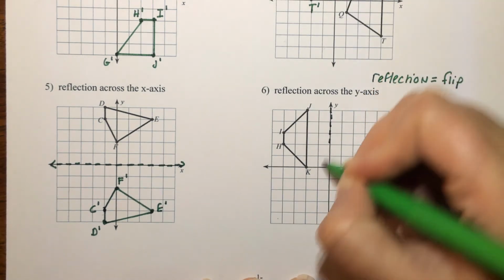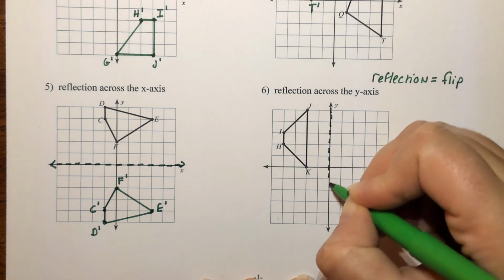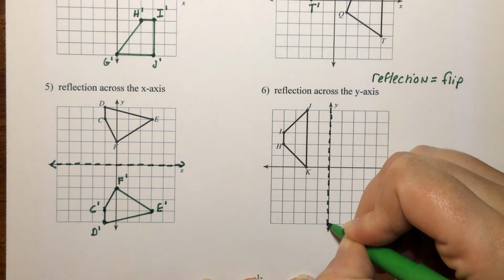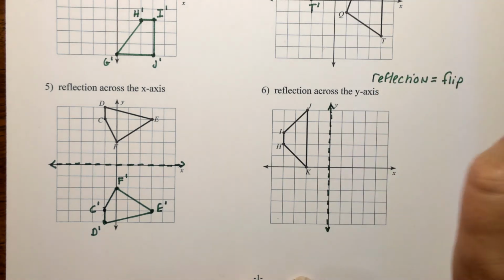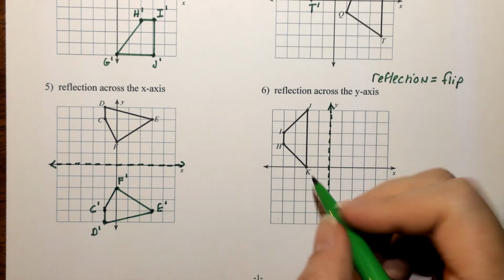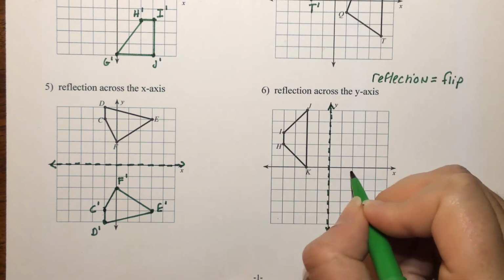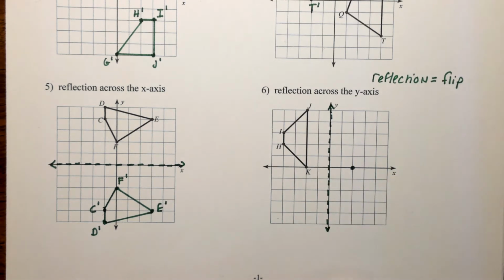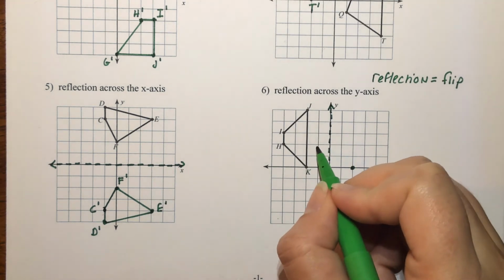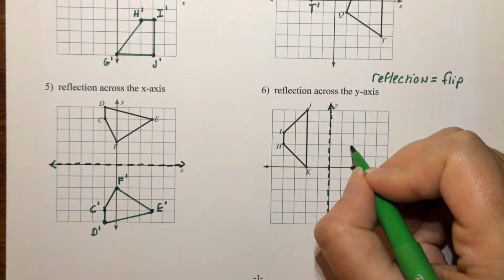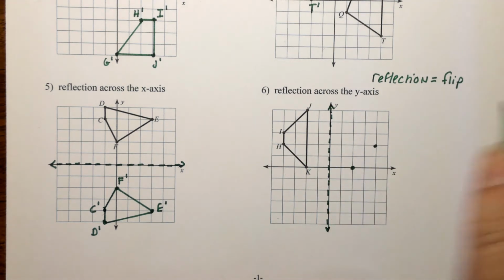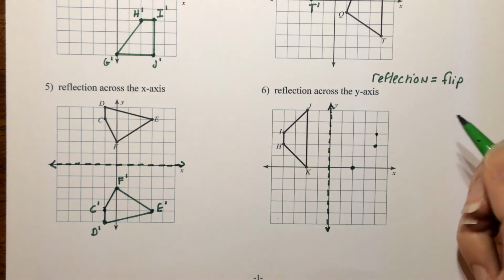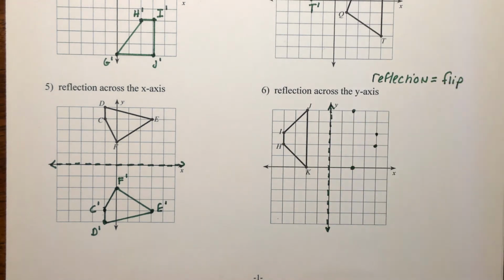Reflection across the y-axis. I'm going to mark the y-axis with a dashed line. And then I'm going to count the boxes. So K is 2 boxes, so it'll be 2 boxes on this side. H is 1, 2, 3, 4. 1, 2, 3, 4. I is also 4. And J is also 2.